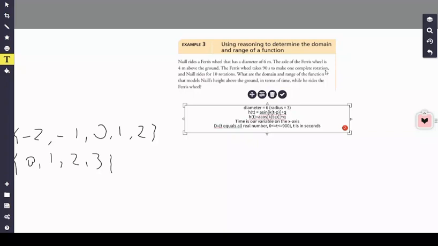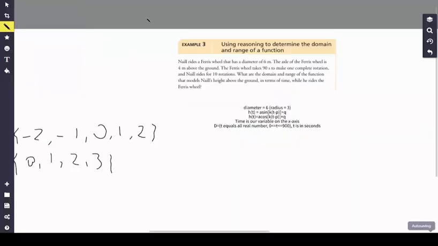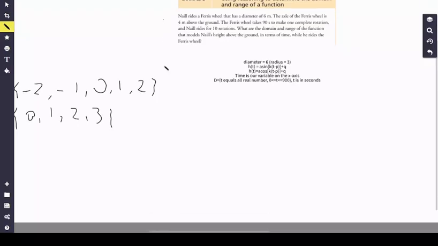Now let's draw a brief diagram to show what we are trying to do. What is our range? Because range is usually harder to figure out; x is much easier. So the axle of the Ferris wheel is 4 meters above the ground. And then we have the diameter, which is 6. So this is 6, and so this part is 3, this part is 3. So let's draw a wheel.